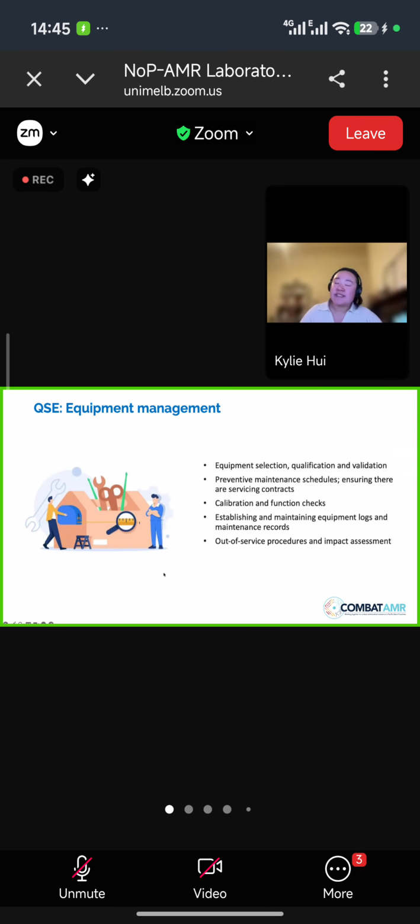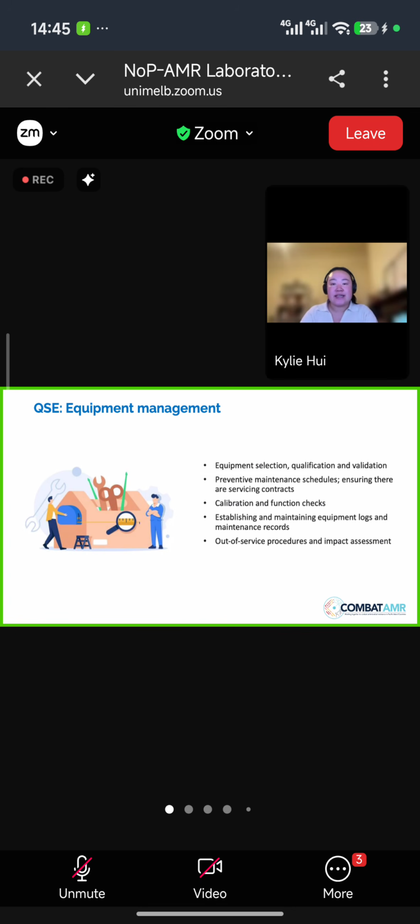Another one is equipment management. So this encompasses everything from the selection of the equipment itself, how many of this equipment do we need in the laboratory, to the validation. So once we bring in a new equipment, we need to validate that this is working as it should in the laboratory. There are things like preventative maintenance schedules, so that we make sure the equipment is being maintained well. And you also want to ensure that there are servicing contracts.